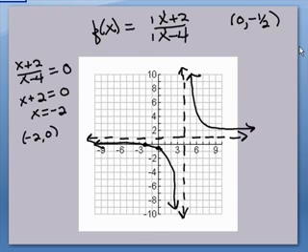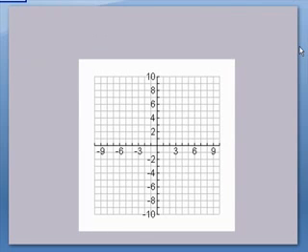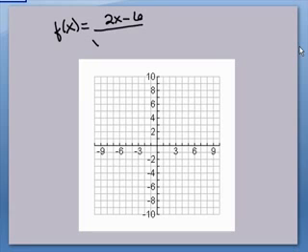Okay. Let's take a look at now the function f of x is equal to 2x minus 6 over x squared plus 2x minus 15.